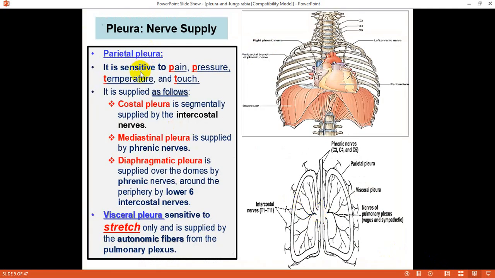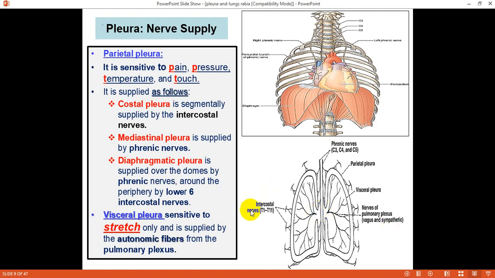The simple rule to follow here is that the pleura will be supplied by the nerves which are supplying the structures that it is lining. So visceral pleura is supplied by the nerves which are also going to supply the tissue of the lungs. So there is a pulmonary plexus formed at the level of the root of the lungs, and this pulmonary plexus is formed by parasympathetic and sympathetic nerve fibers.